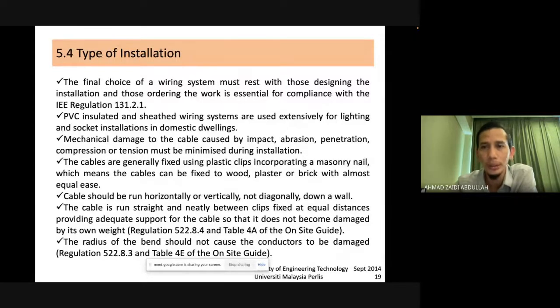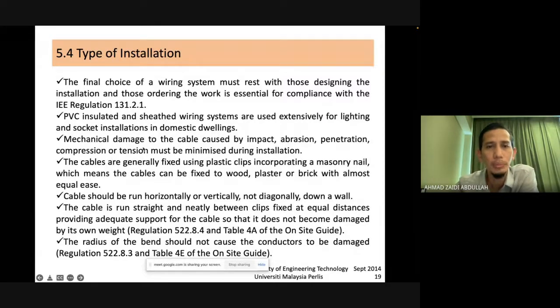If you want to use XLPE for lighting, I think you are on the wrong design, because even though you can put it, in real life you cannot use it, because XLPE is very hard to terminate to the lighting and the socket.